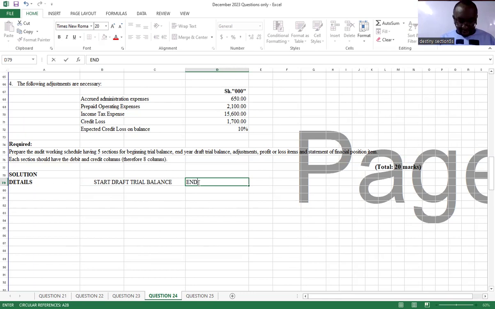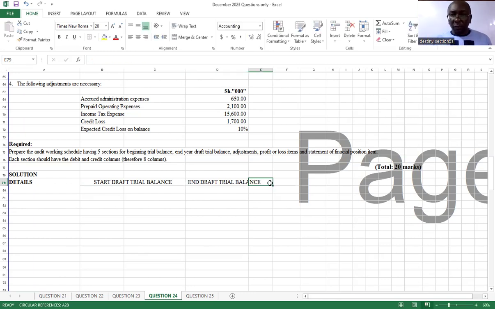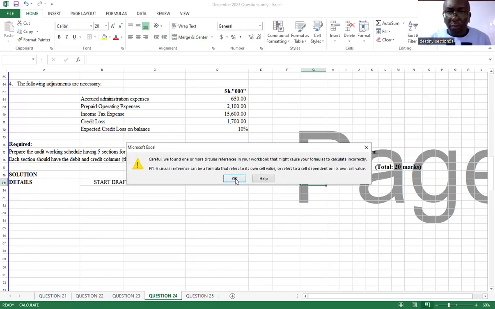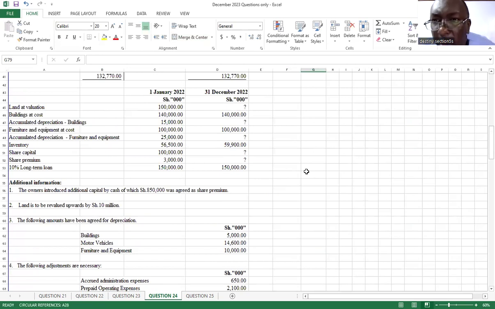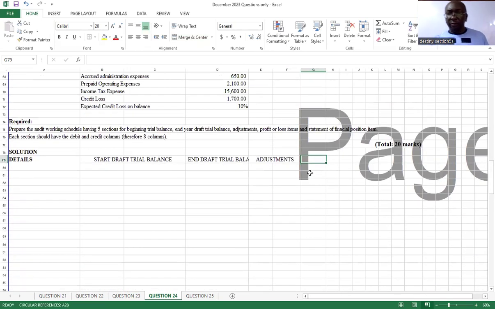Then we have end draft trial balance. So these two, I want to merge them so that I can have adjustments. Why is it trying to misbehave?